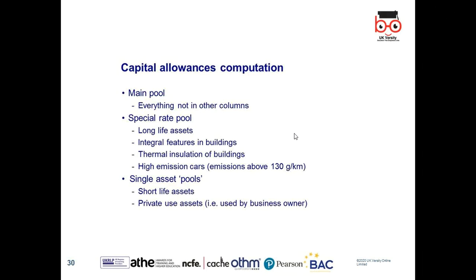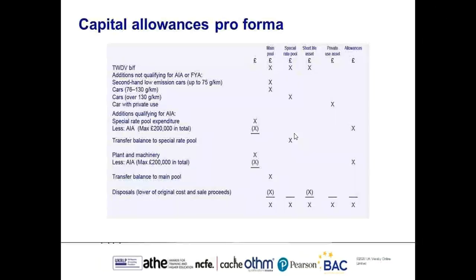Special rate pool: those assets that fall under the special pool; single asset pool, short life assets, those that can be quickly consumed. Or some assets we can use privately as well. So it can be a pro forma like this: main pool, special pool, short life, private use asset, where some proportion we are using privately. So additional non-qualifying.